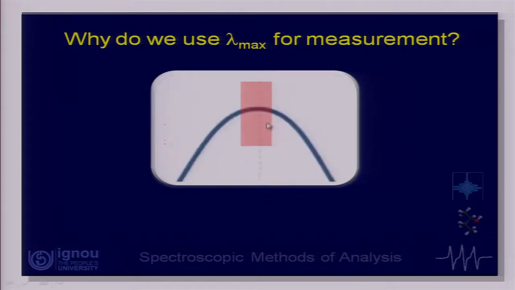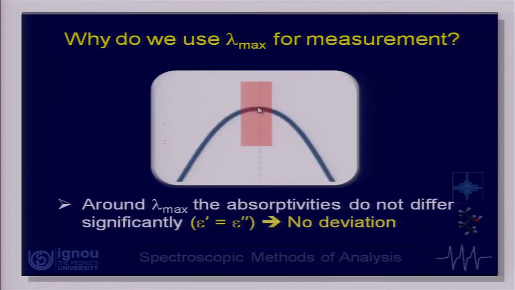The reason is, suppose this is my lambda max, and my instrument is not providing monochromatic radiation, meaning radiation of only this particular wavelength. Suppose I need a wavelength of 100 units, and it happens to be 99 or 101, a spread of three wavelengths: 99, 100 and 101.